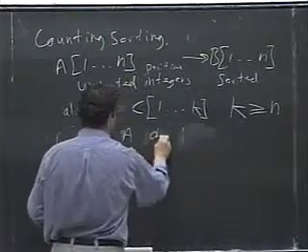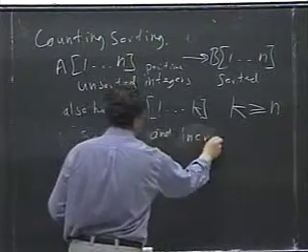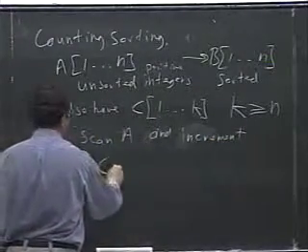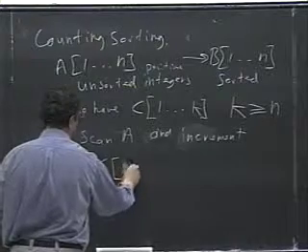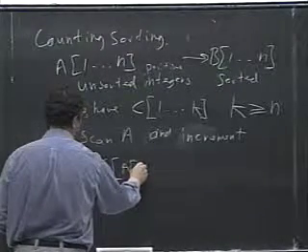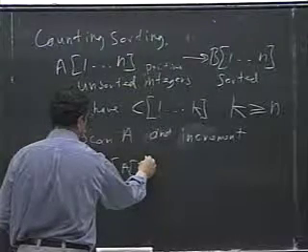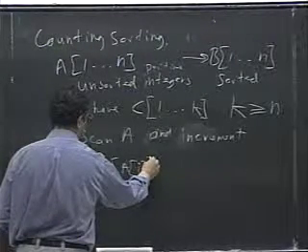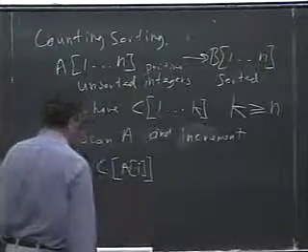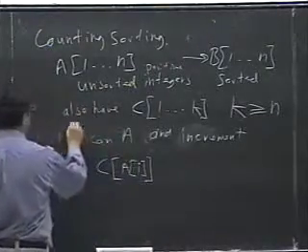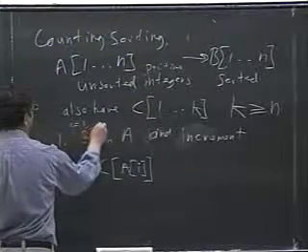Scan A and increment C of A. Well, I guess I do need this. So this scan is, i equals 1 through n.